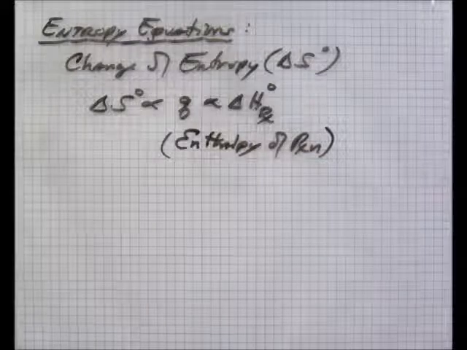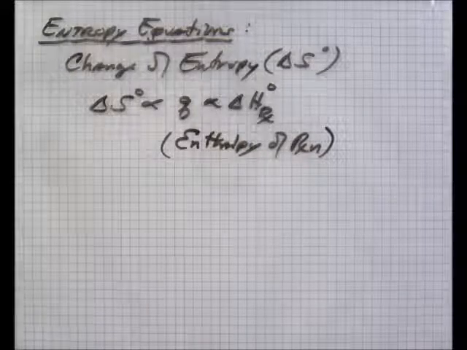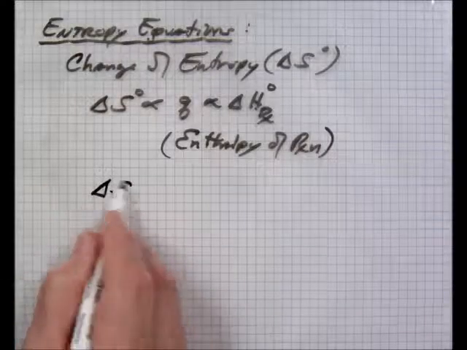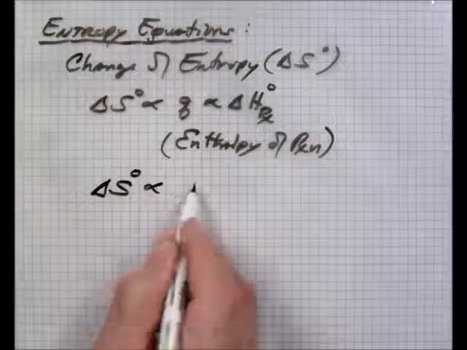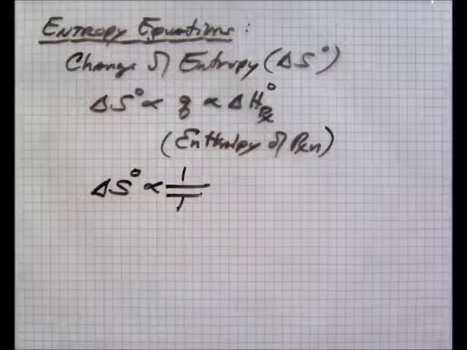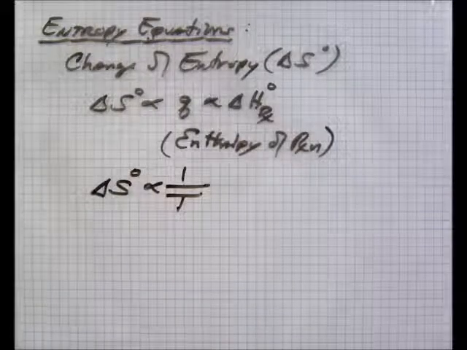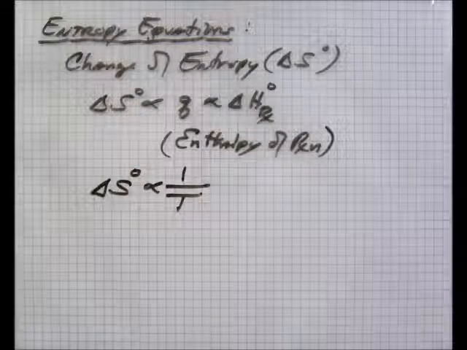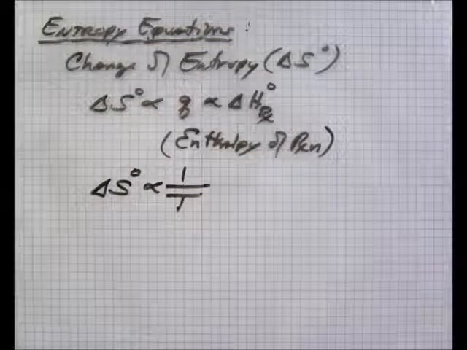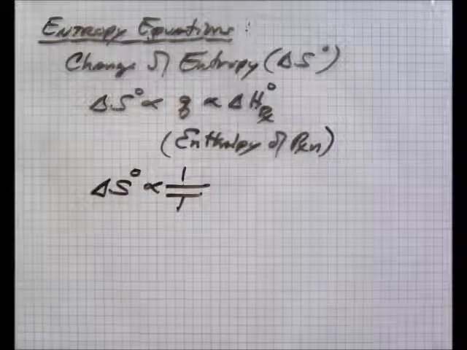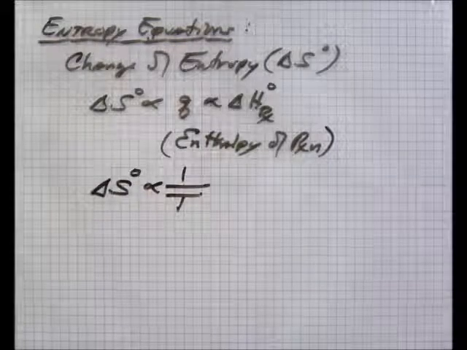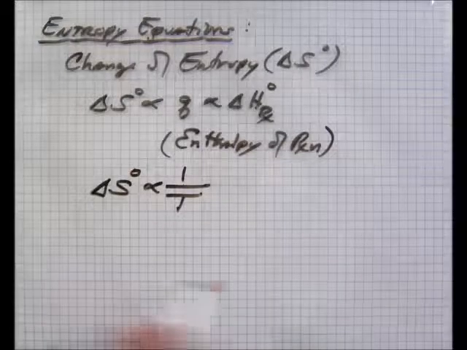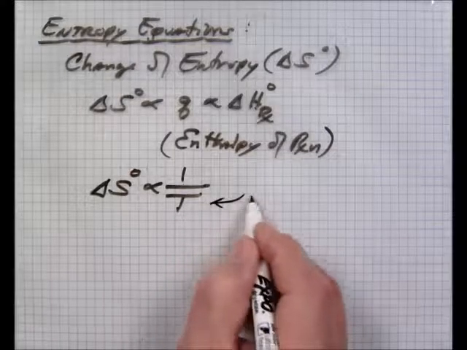The next thing I'm about to write down kind of skews the brain a little bit, and it requires some explanation. Changes in entropy are also proportional to 1 over temperature. Now what that means is that's a positional temperature. And it means that changes in entropy are less observable at high temperatures than they are at very low temperatures.